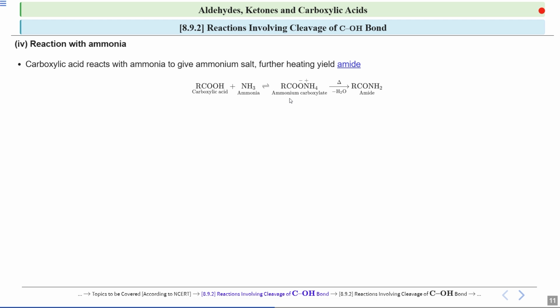And this ammonium salt, upon heating, loses water and transforms into an amide. So you have a carboxylic acid, reacted with ammonia, it gives you ammonium carboxylate. Upon heating, this loses a water molecule and transforms into an amide.